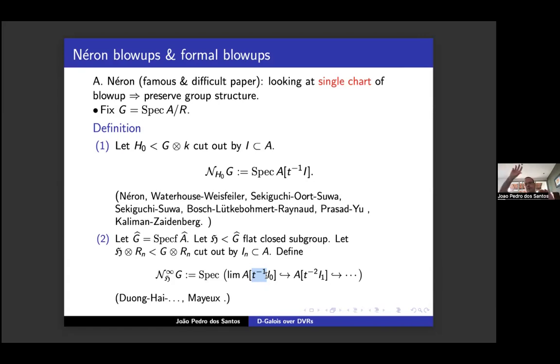So I put in this new function and so on and so forth. Okay, so these are two types of blow-up. This is called the Néron blow-up. Bosch and these people call this dilatation, which is good in French, but it's a bit more strange in English.